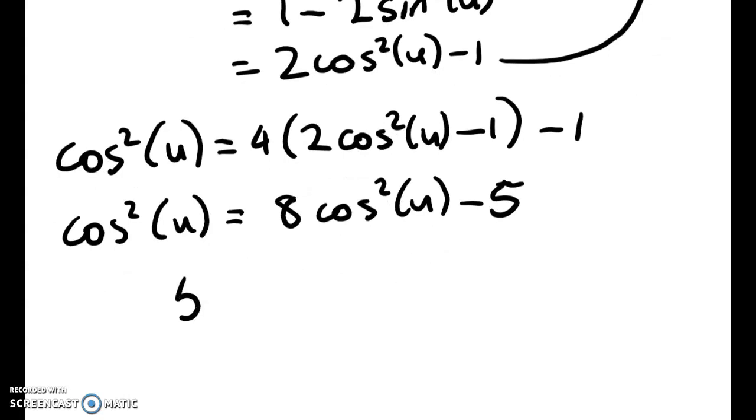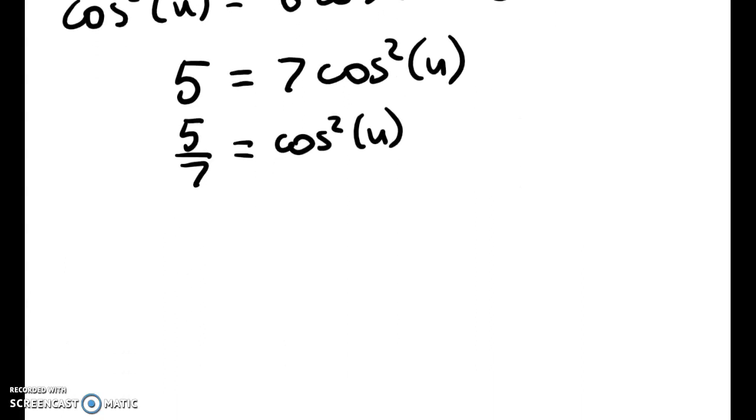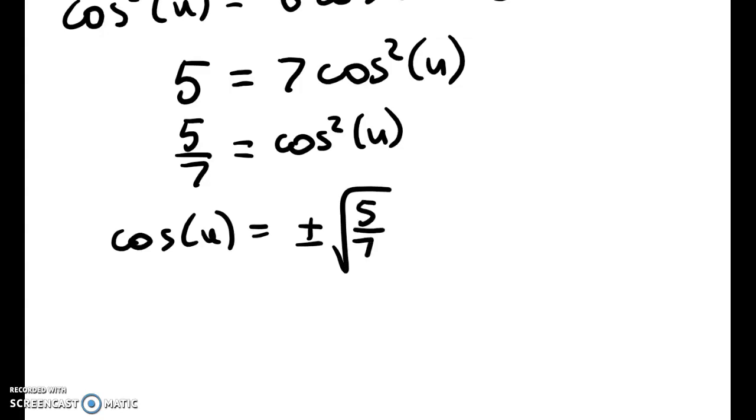So we have 5 is equal to 7 cos squared u, or cos squared u is equal to 5/7. To get back to just the cosine of u, we need to take both the positive and negative square root of 5/7.